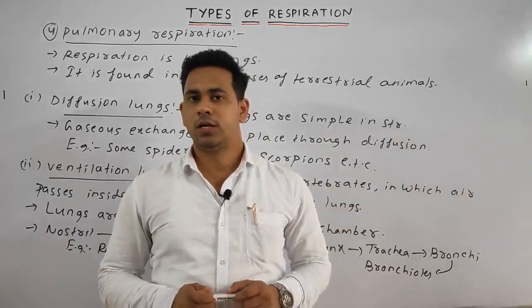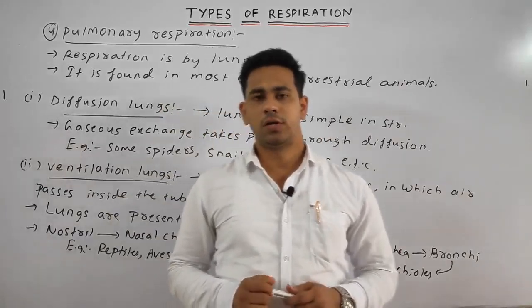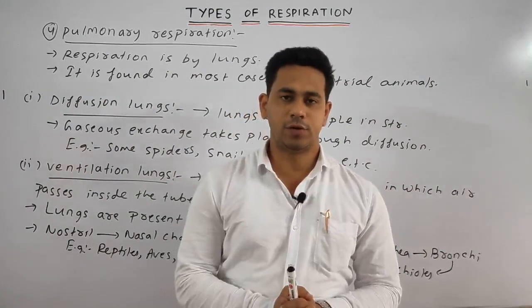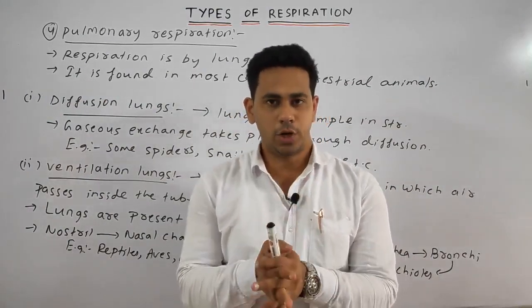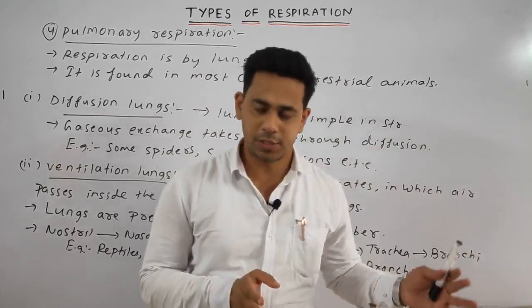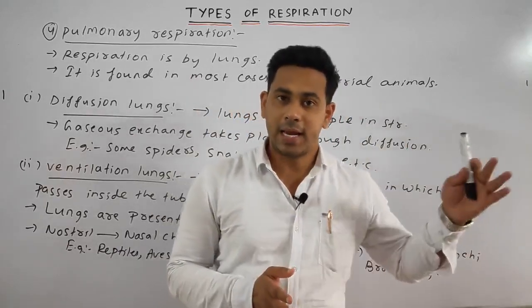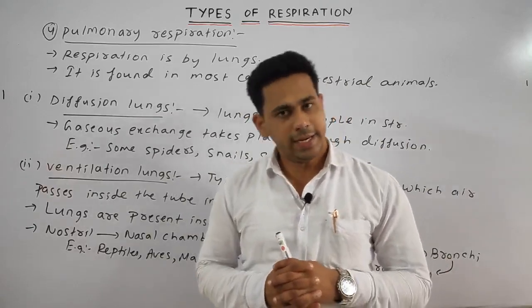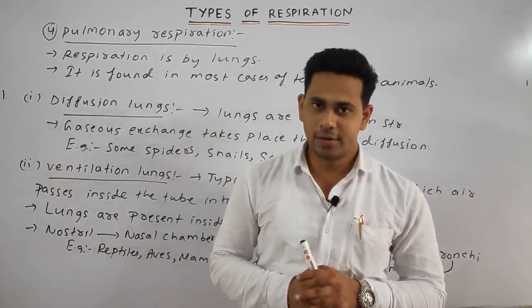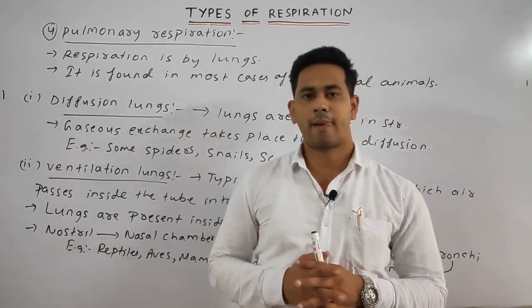So students, today we have discussed the remaining two types of respiration on the basis of the presence of the respiratory organ. In the previous class, we discussed the cutaneous respiration and the branchial respiration. Today, in detail, we discussed the tracheal respiration and the pulmonary respiration.